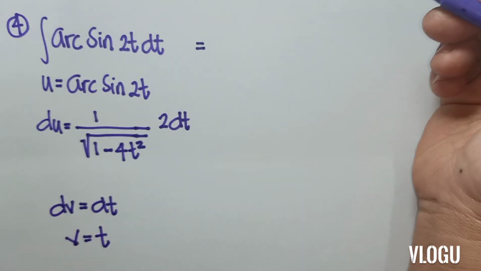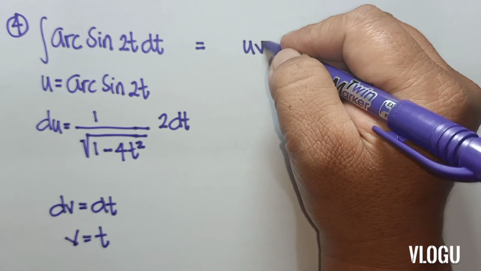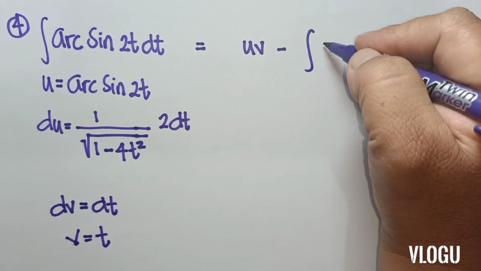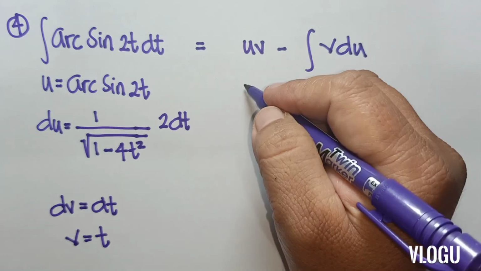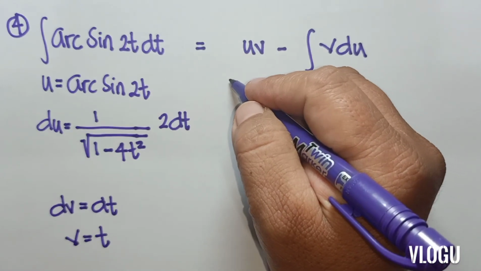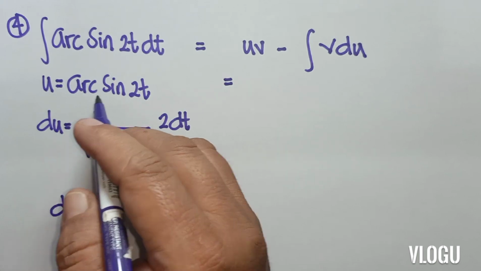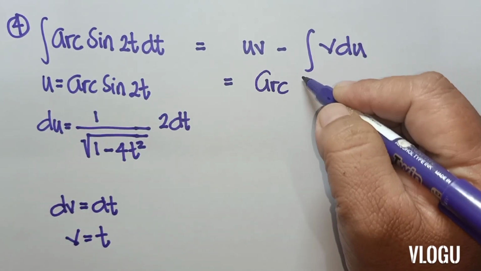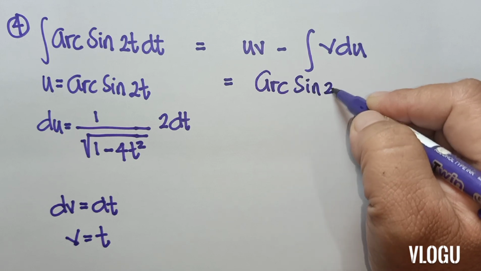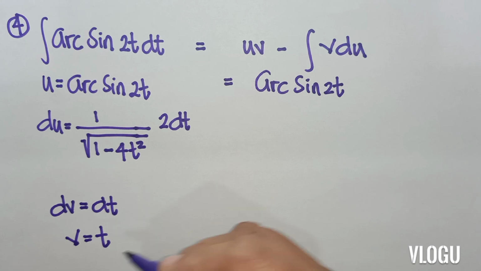From the formula, we have uv minus the integral of v du. Our u is equal to arc sine 2t, and our v is equal to t.